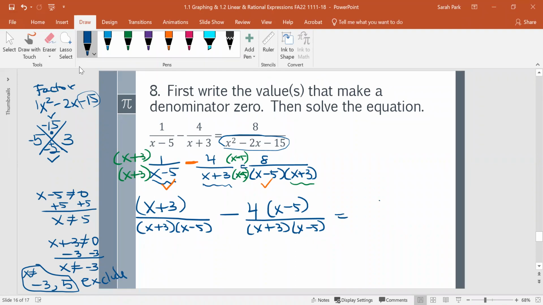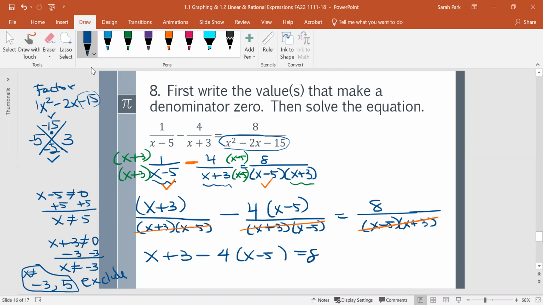So make sure you also do that. Equals 8 over x minus 5, x plus 3. Okay, now they have all the same denominator, so what can we do now? We can cancel them and just express it as x plus 3 minus 4 parentheses x minus 5 equals 8. Now look how much simpler that looks. The fractions are gone. We're left just with a simple linear equation.